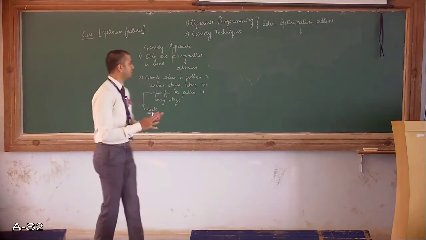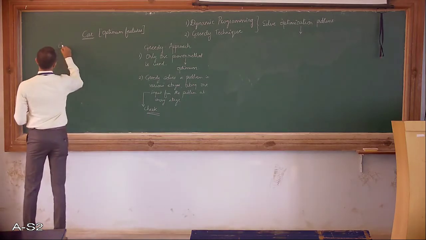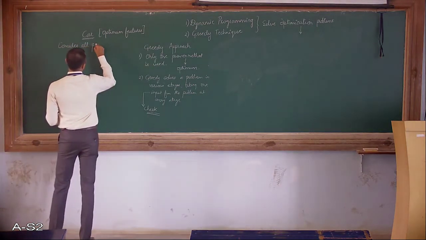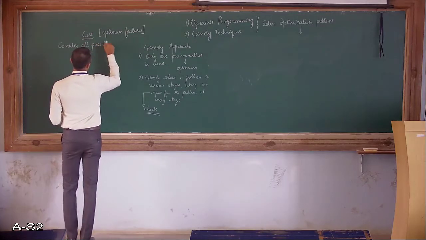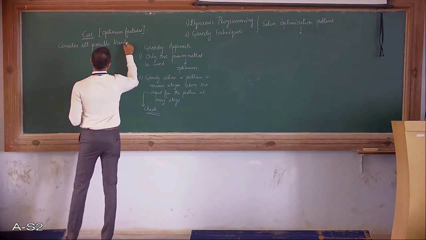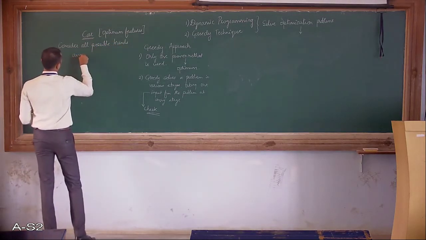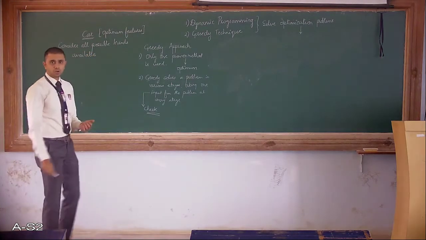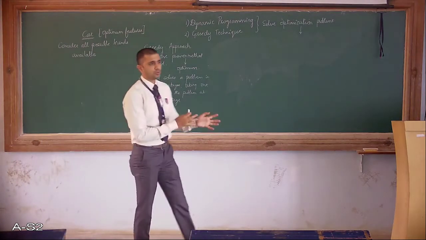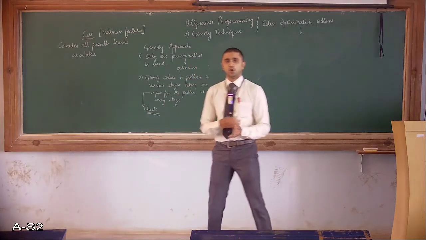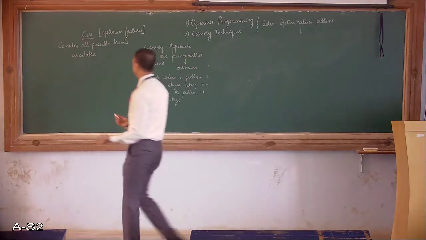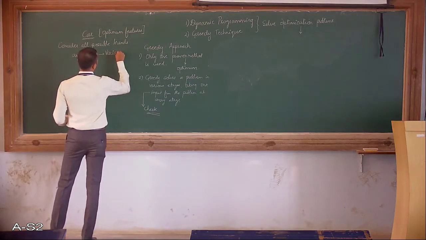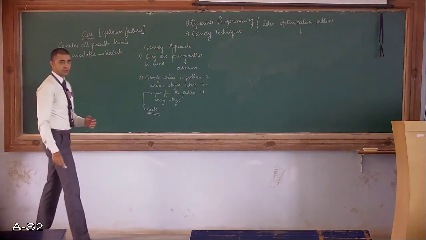One way of solving this problem is to consider all possible brands available. In those brands, again, you have to consider all the different types of variants of all those brands.